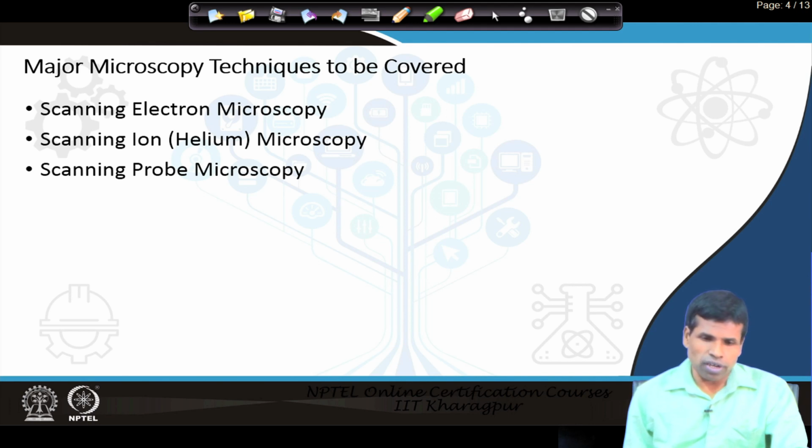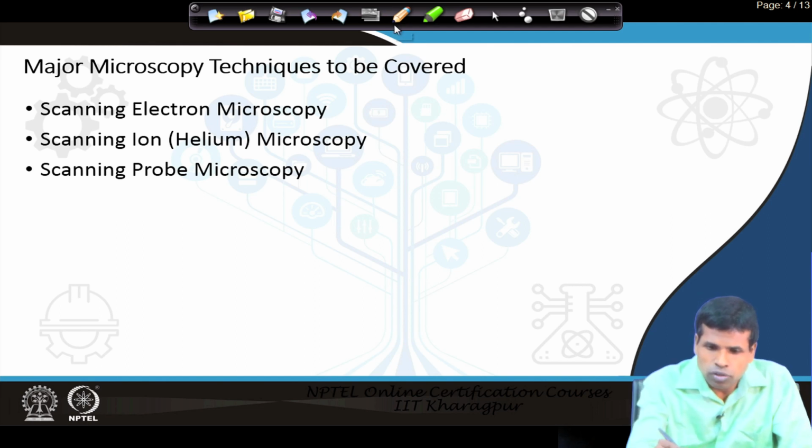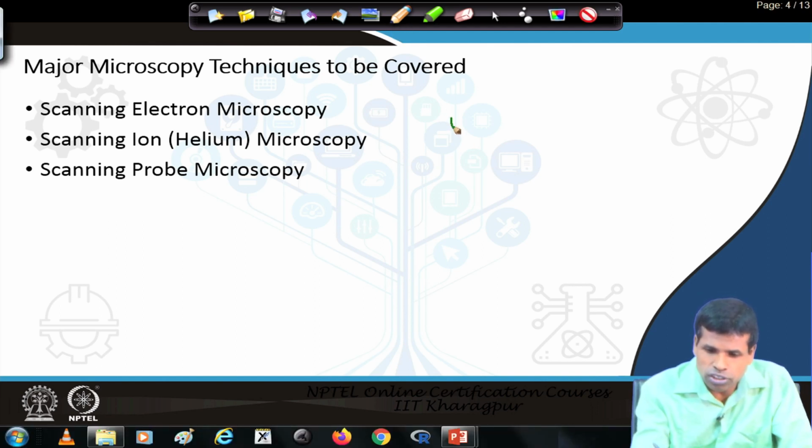Let us understand each word of this technique. First is microscope. The word microscope comes from two Greek words, one is mikros that means small and another is scopian, to look at.